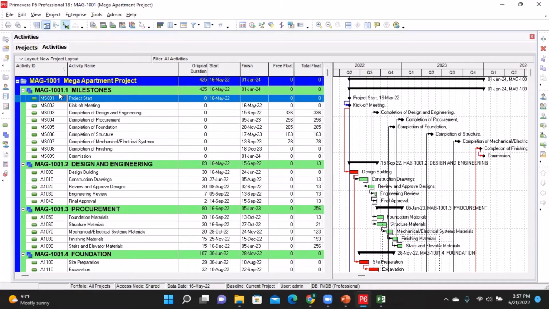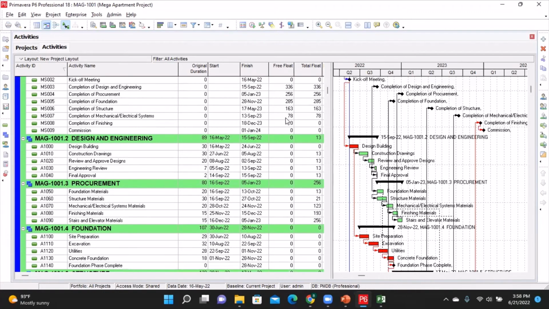This is the same project that we'll be working on, the mega apartment project. If you notice, I have brought in two other columns, which are the free float and the total float. Remember in our definition that for activities that are on the critical path, they must have a total float and free float equal to 0.